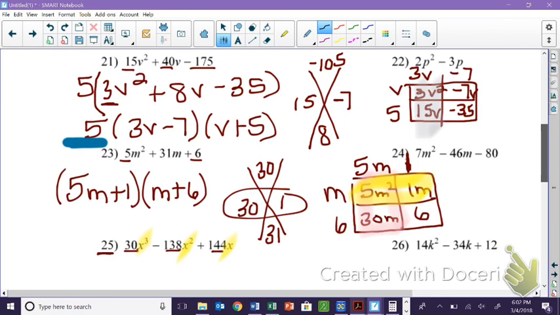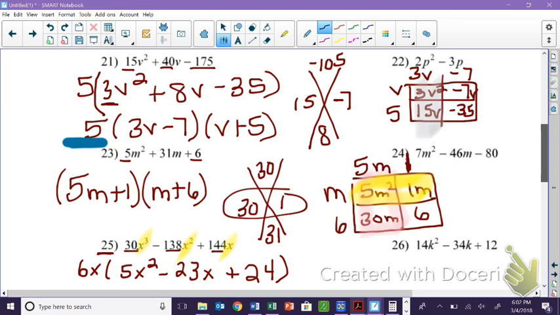It does have a 6 in it. So I'm going to go ahead and take out a 6x and see what I got. This becomes 5x squared minus 138 divided by 6 is actually 23x. Didn't know that. And then 144 divided by 6 is 24. Oh, wow. Okay. That gives us some nice wiggle room.